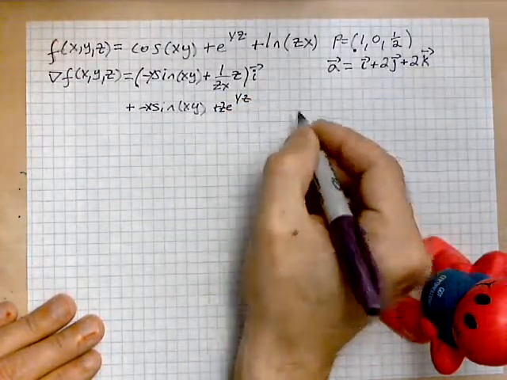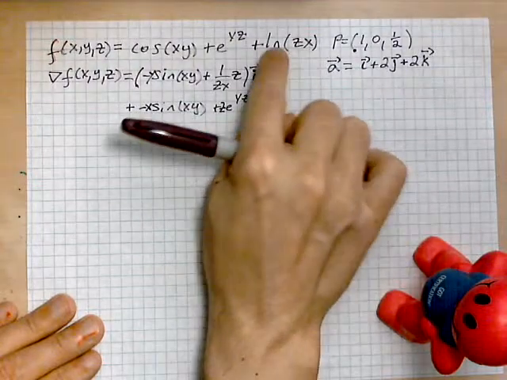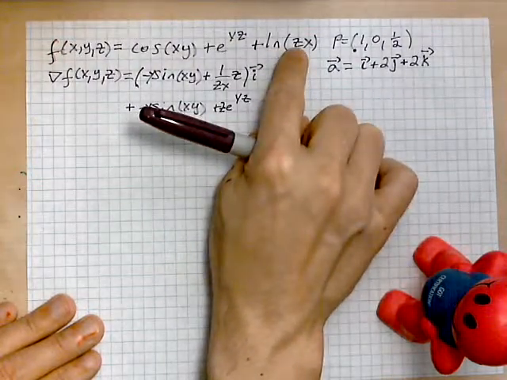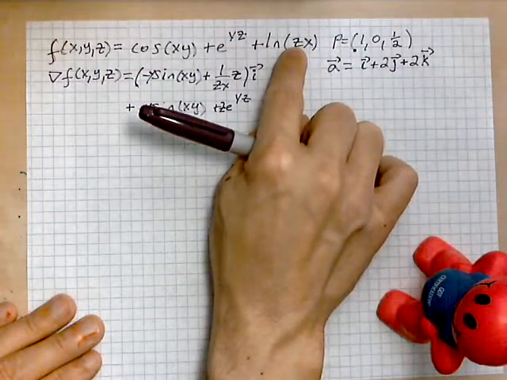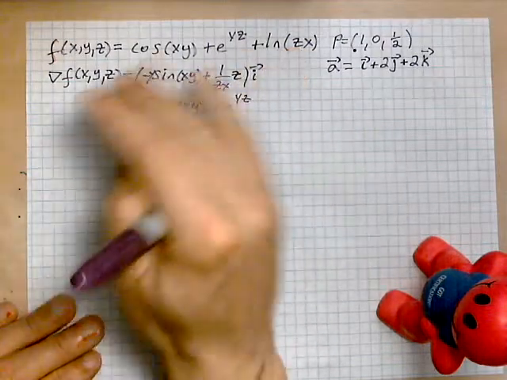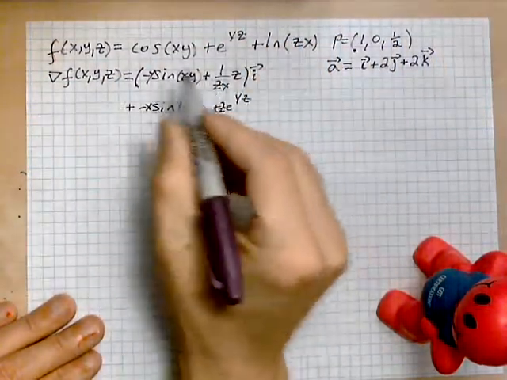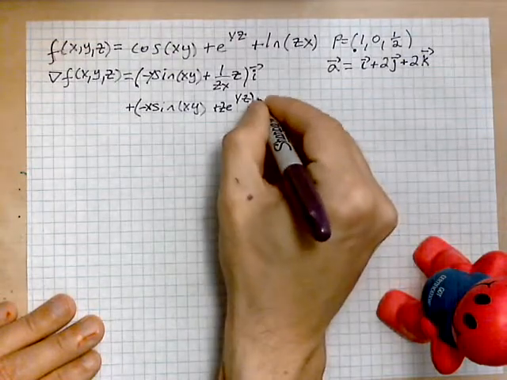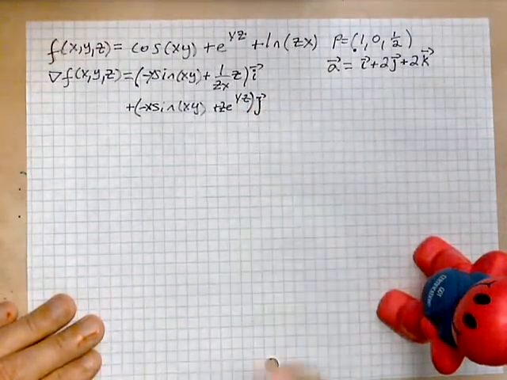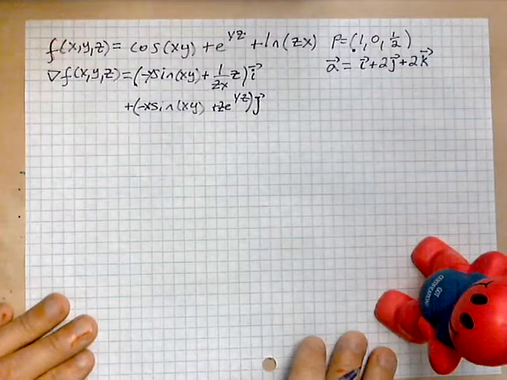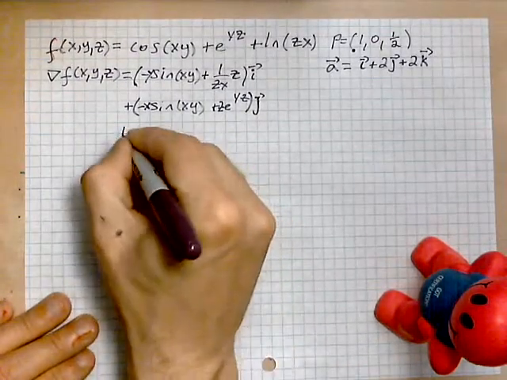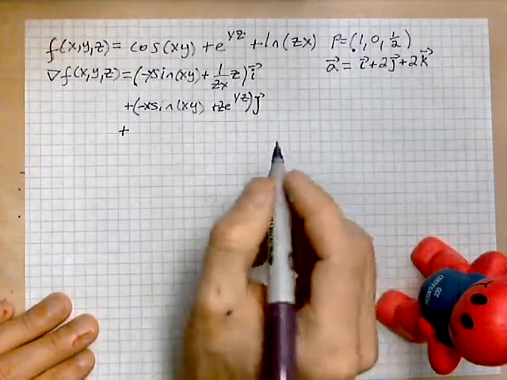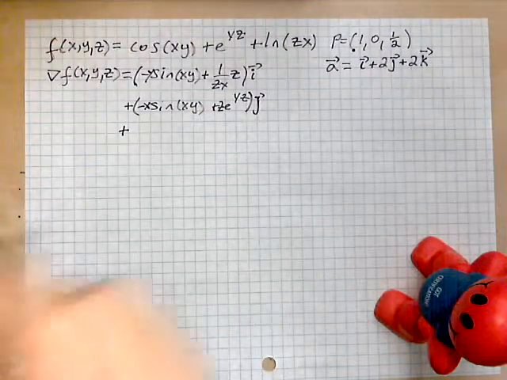This last term does not vary with respect to y, so its derivative is 0. Enclose this within the parentheses, and this is the j component of the gradient.